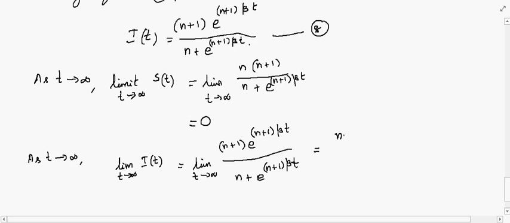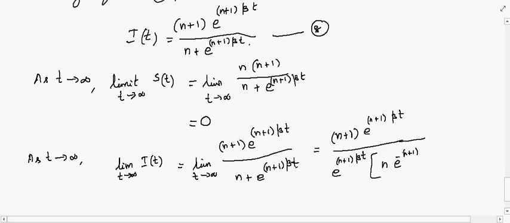Okay, so (n+1) e^((n+1)βt), and in the denominator I am going to take e^((n+1)βt) outside. So n e^(-(n+1)βt) plus 1. Yes, these terms will cancel off.